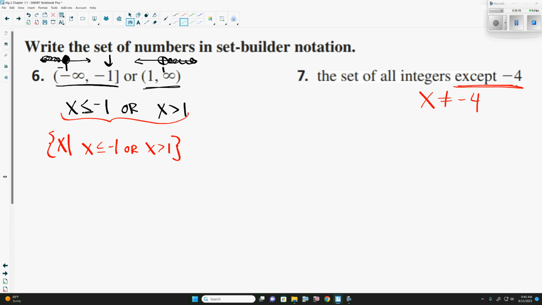Do we have the description? What kind of numbers are we talking about? Integers, okay. So I can't have our brace x bar because it's not real numbers. You have to say what? X is an element of the integers, and that's actually it.